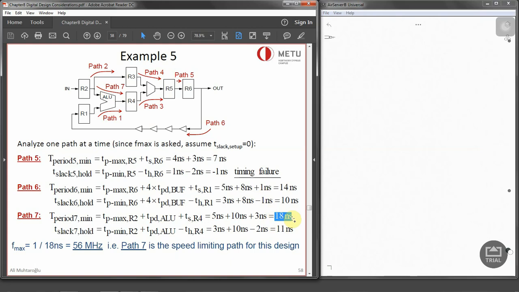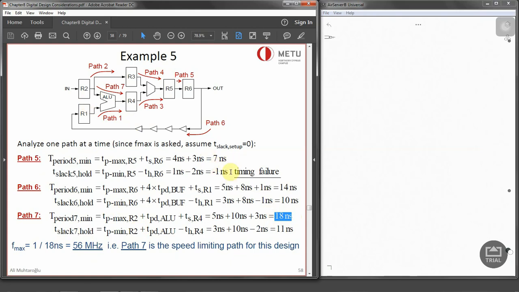So we can consider the period based on that. That period is 18 nanoseconds, and 1 over 18 will give us 56 megahertz for the maximum possible operating frequency. And we can say that path 7 is the speed limiting path for this design.